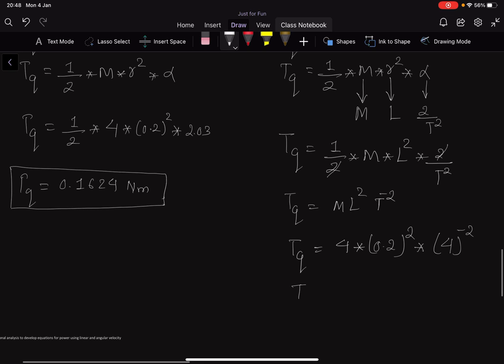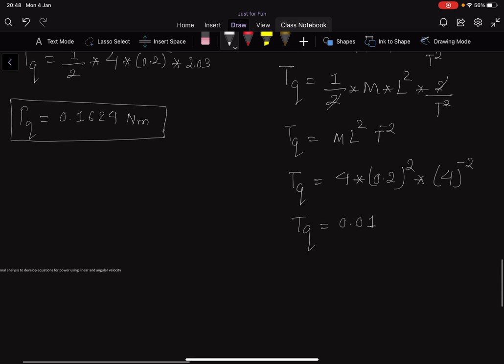If we calculate 4 times 0.2 squared times 4 to the minus 2, we get 0.01, but this is not the exact value of torque because we're still missing the angle. So we have to multiply the angle with the given value of our torque, and once we do that, we are going to get our exact value of torque.